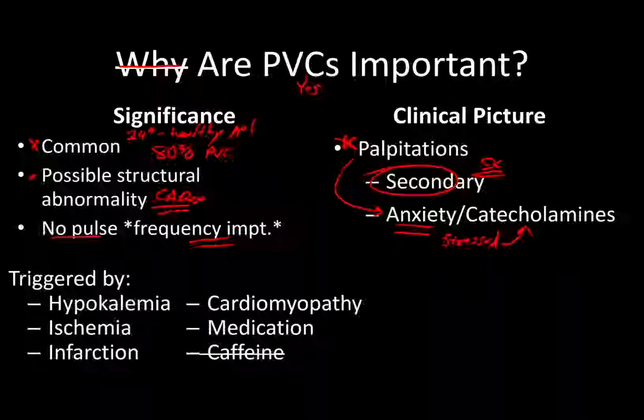which causes you to release catecholamines, which is adrenaline, which does what? If you go all the way back to what adrenaline, epinephrine, norepinephrine do, they increase your heart rate and increase irritability, which makes you more likely to have more PVCs.